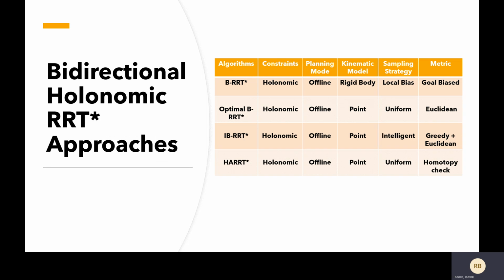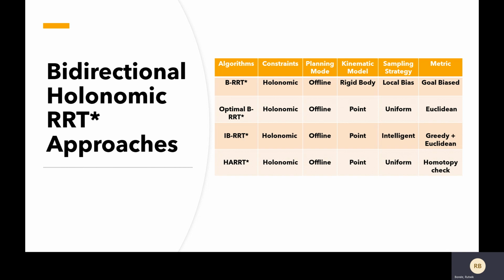In the slides, we can see there are four different algorithms for bidirectional holonomic RRT approaches. First of all, bidirectional approaches generate two trees simultaneously from the start and goal state, directing towards each other. Though bidirectional approaches execute faster for holonomic robots, when used for non-holonomic problems, they show very slow convergence.